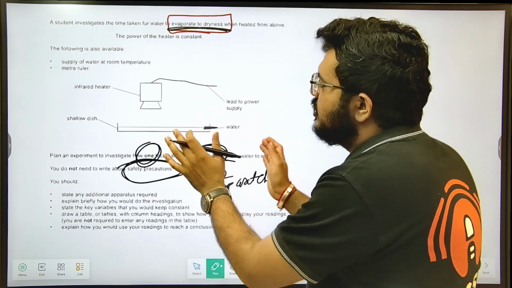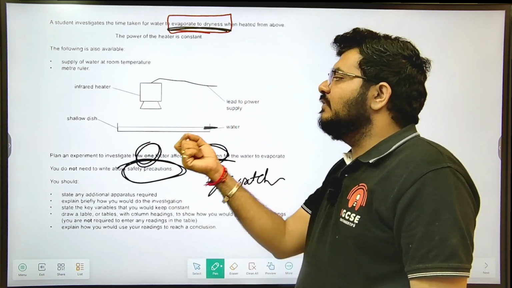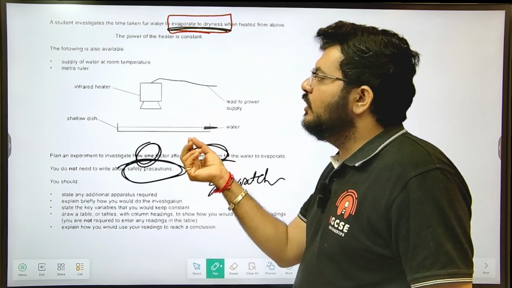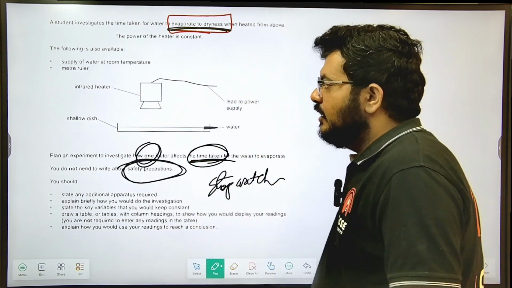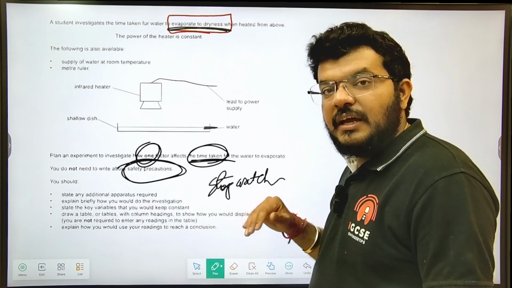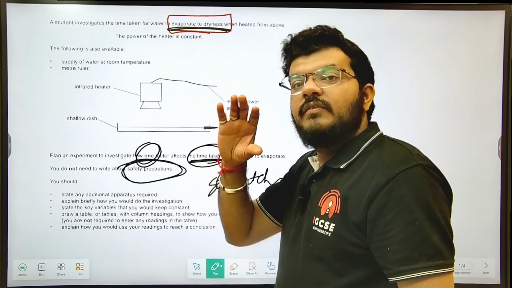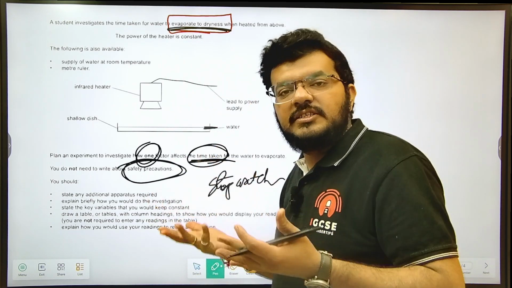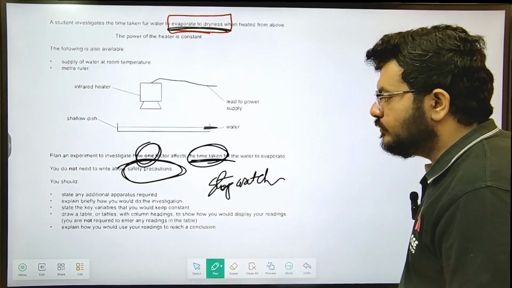So say approximately, keep it at the center, and let the water evaporate to dryness. Turn on the stopwatch as soon as you turn on the infrared heater. Repeat this 3 times for every height, and repeat the experiment for 5 different heights with an increment of 10 centimeters or 20 centimeters or 1 meter, whatever you want.